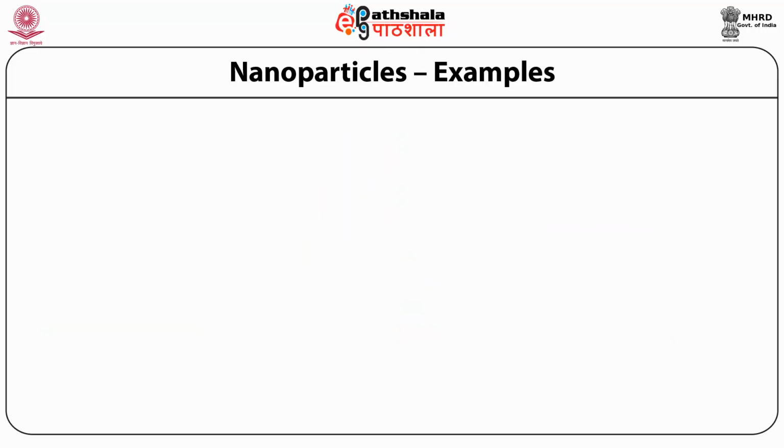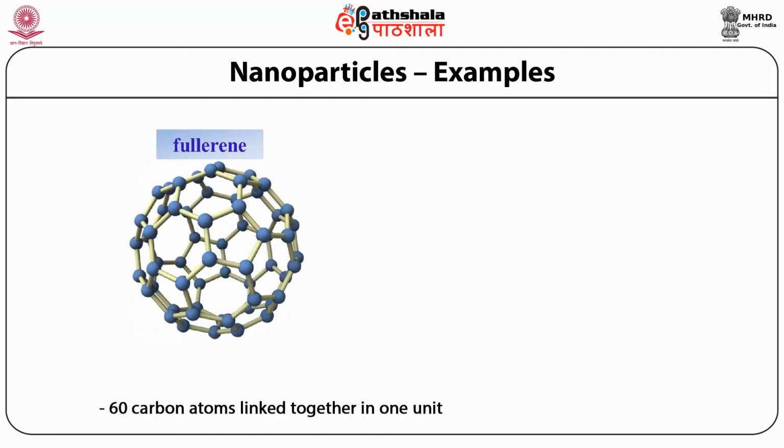Nanoparticles, for example, the fullerene, whose total diameter is 1 nanometer, in which there are 60 carbon atoms linked together in one unit.